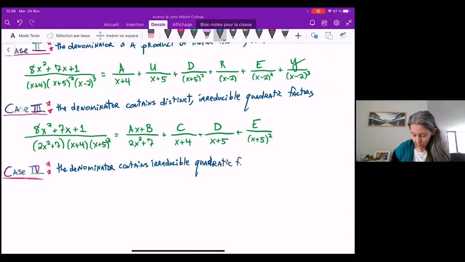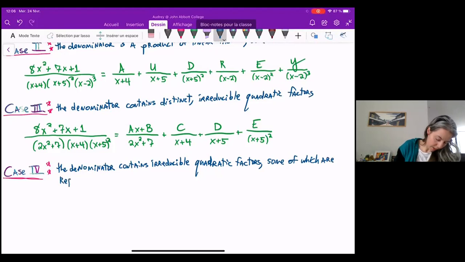So an example of this might be, let's go with our trusty numerator, 8x squared plus 7x plus 1.